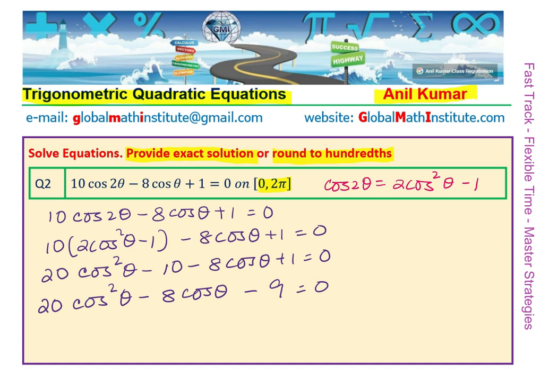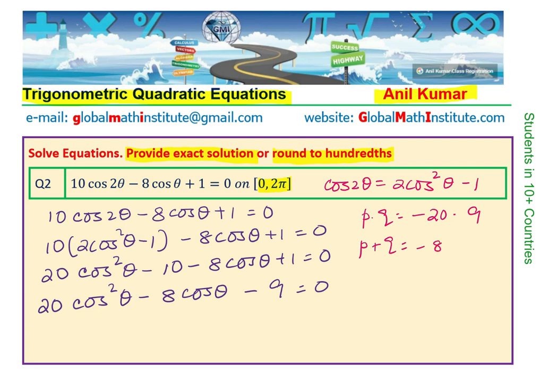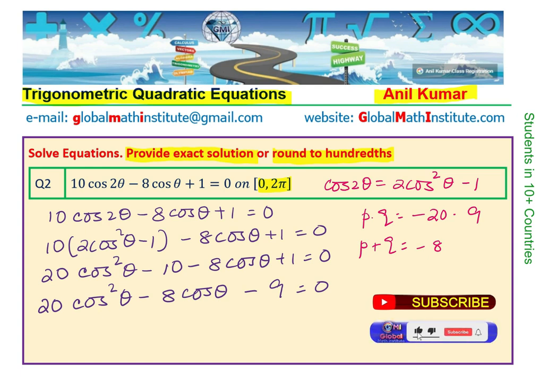So one way is to factor. We are looking for a product of 20 times 9, so let me write down: we're looking for minus 20 times 9, the product of two numbers p and q, whose sum should be equal to minus 8. So the terms could be 18 and 10, right?